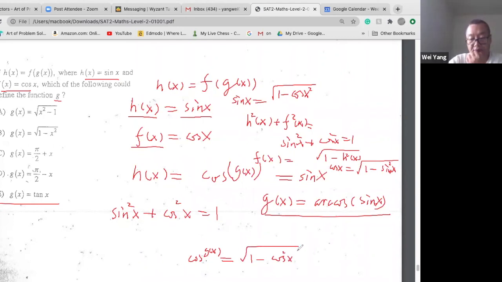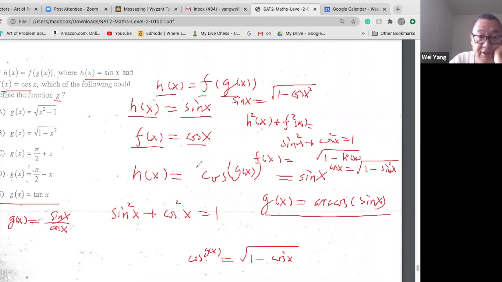Now let's see. Which of the following could define the function g? Say if you said gx equals tangent x, that will be sin x over cosine x. Then hx is f(gx), and fx is cosine x.